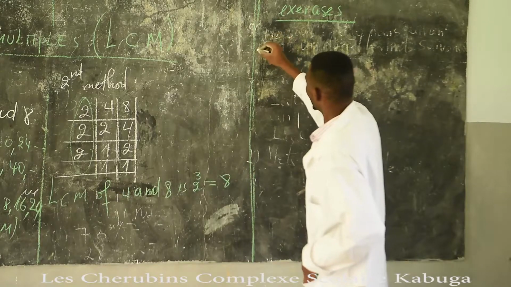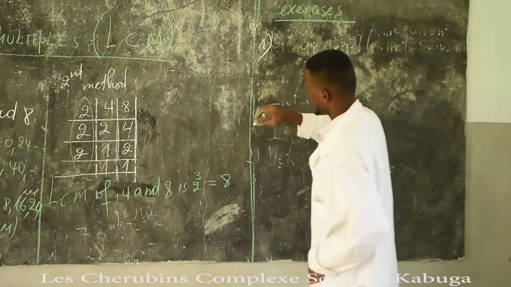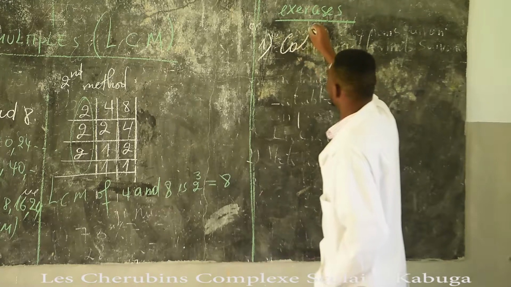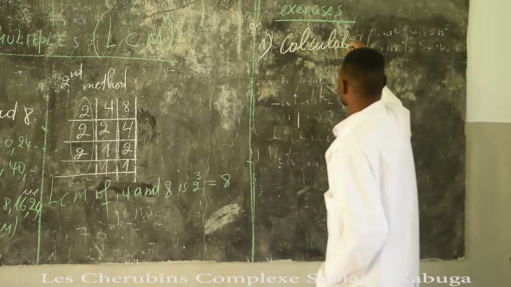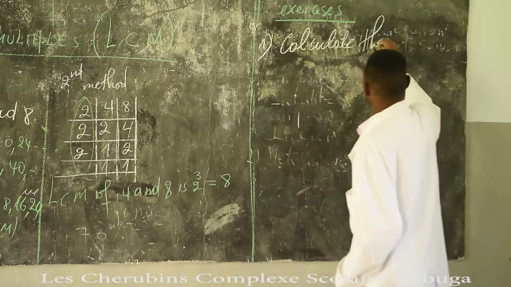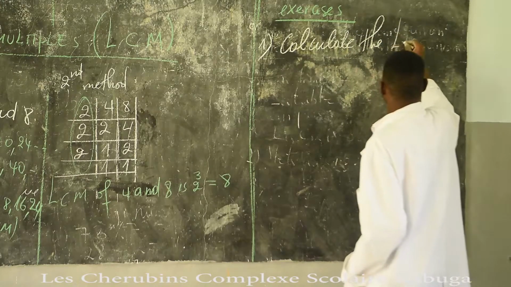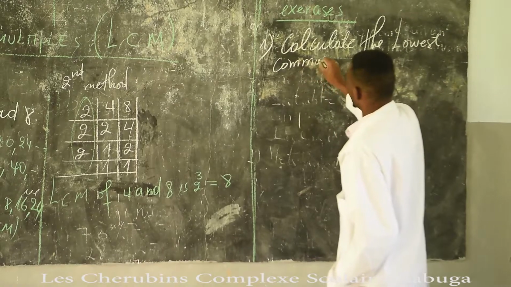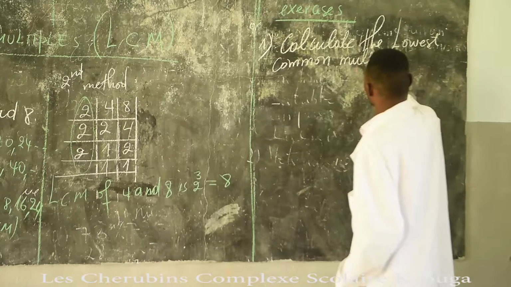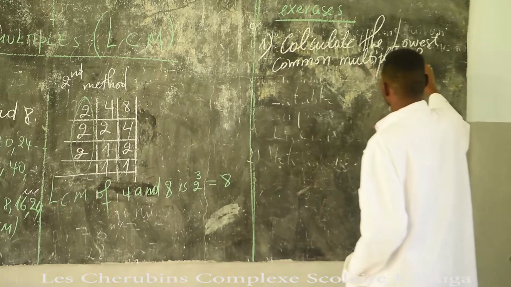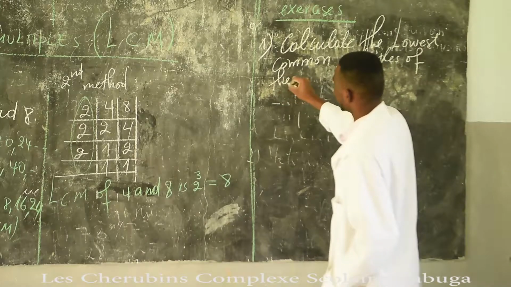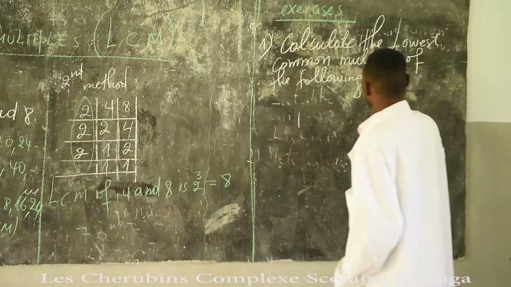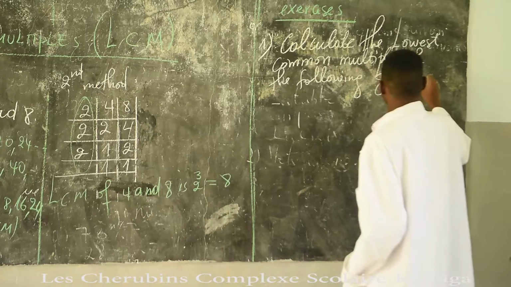Question number 1. Calculate the lowest common multiple of the following given numbers.